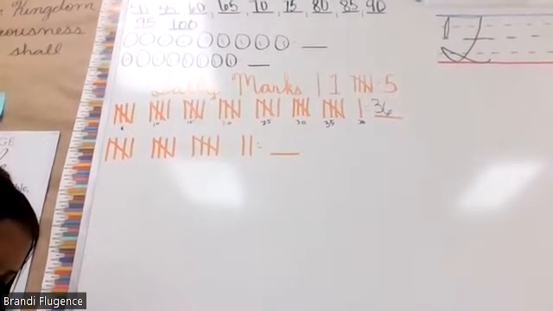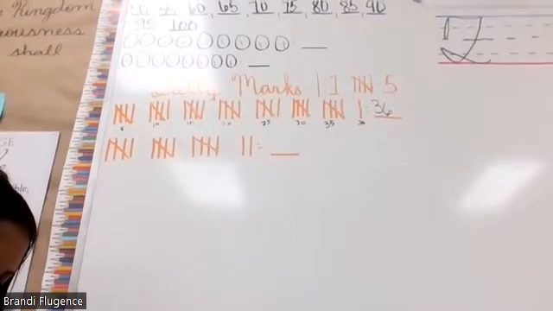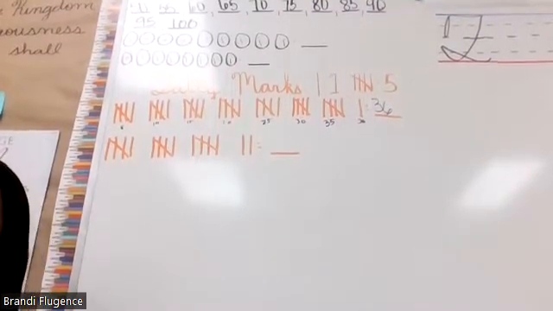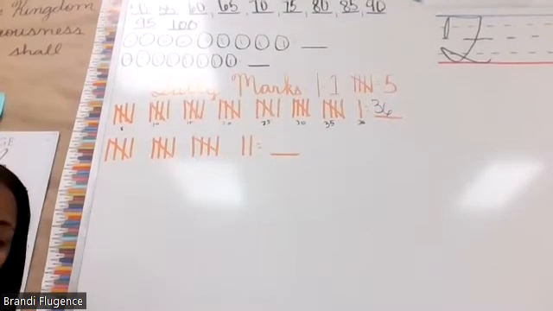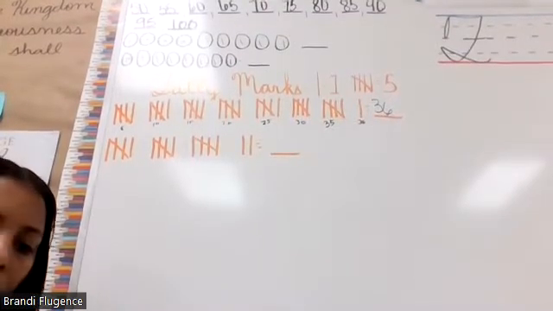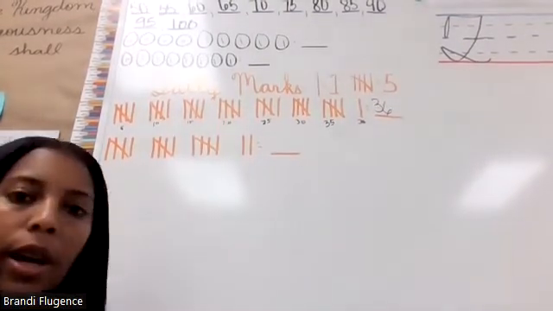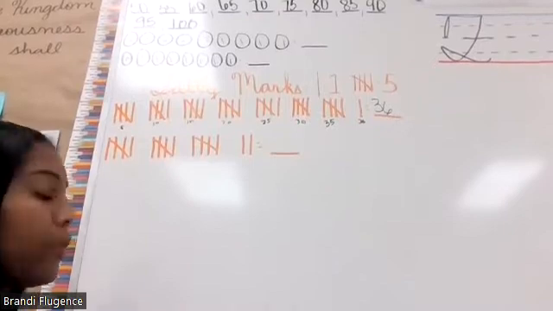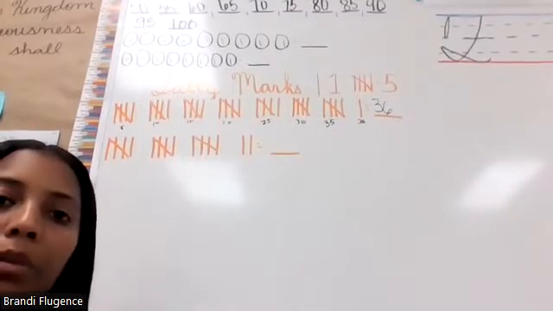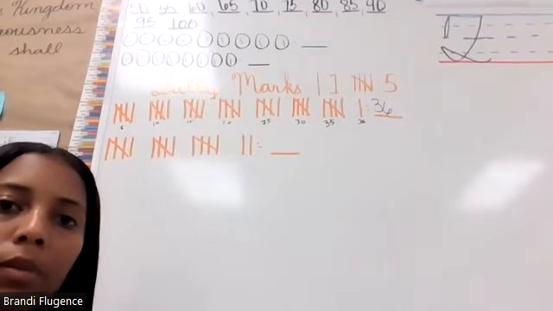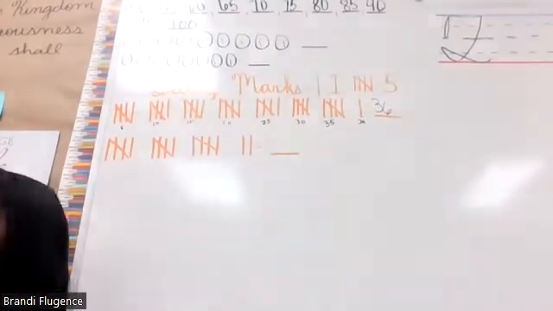Okay, so let's hear. Okay, Asa, what do you have? 17. Okay, 17.